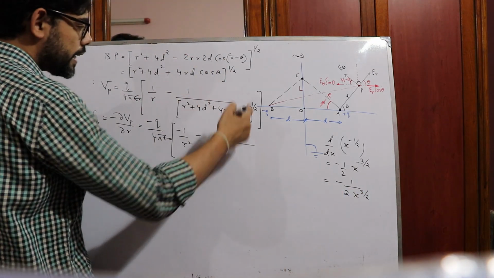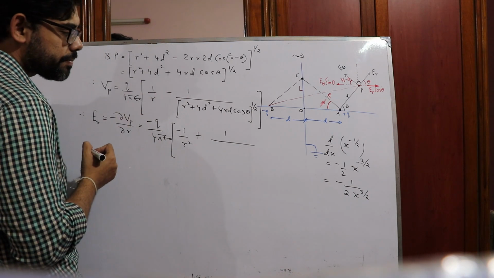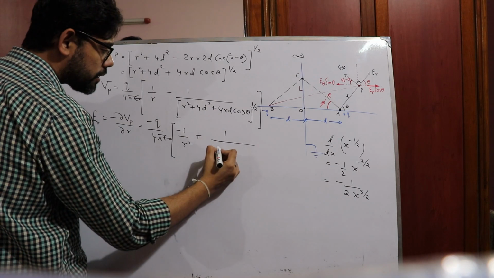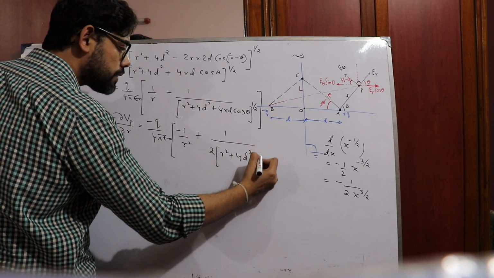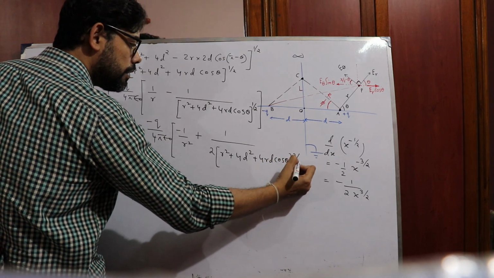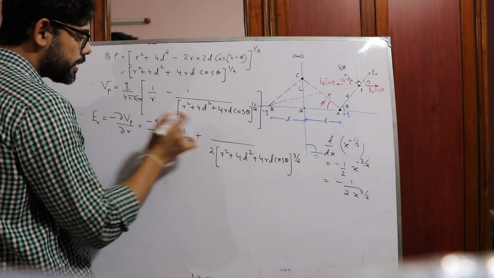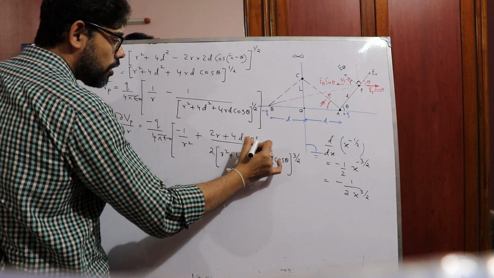So if you differentiate this, you will get a minus sign, that minus sign will make this one plus, and then you will get 2 into r square plus 4d square plus 4rd cos theta to the power 3 by 2. Now differentiate this with respect to r, so 2r plus 4d cos theta.